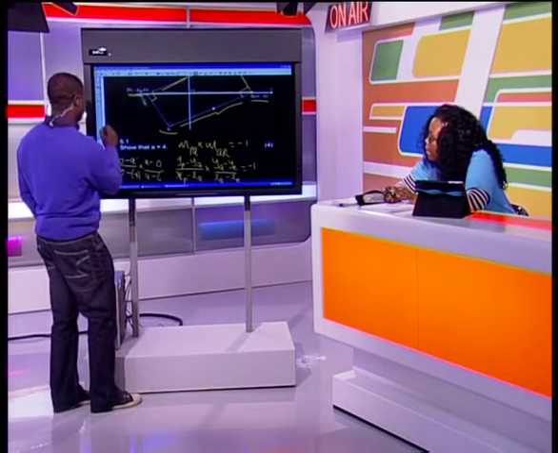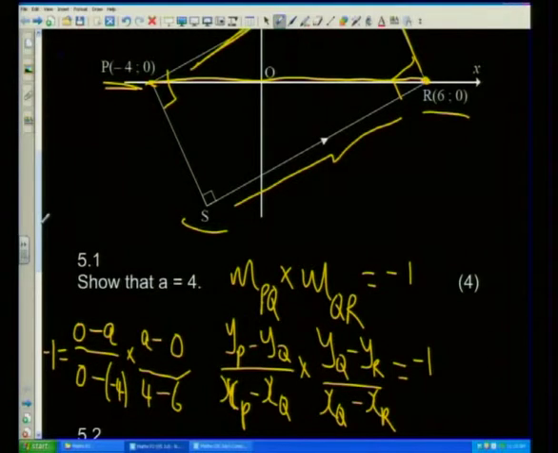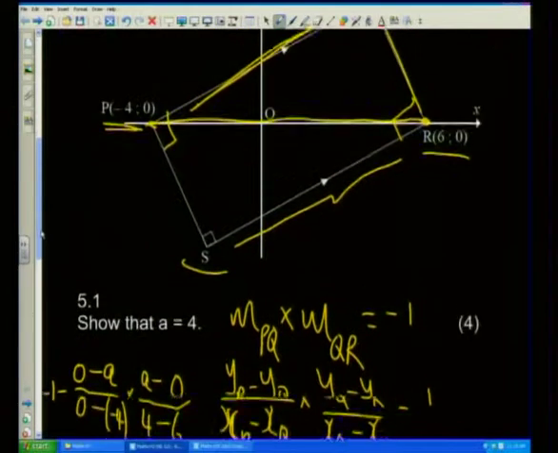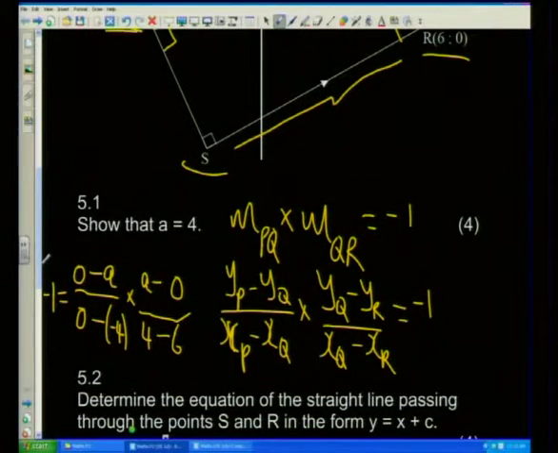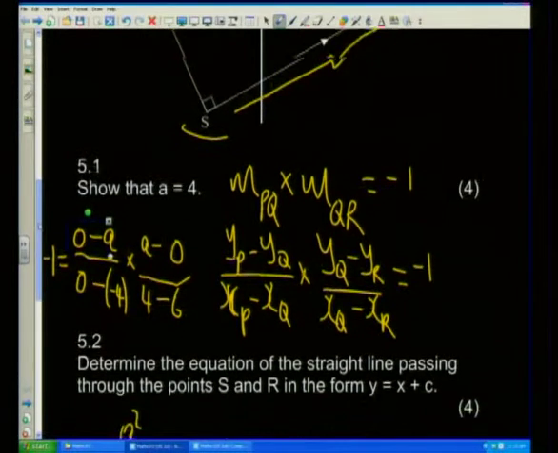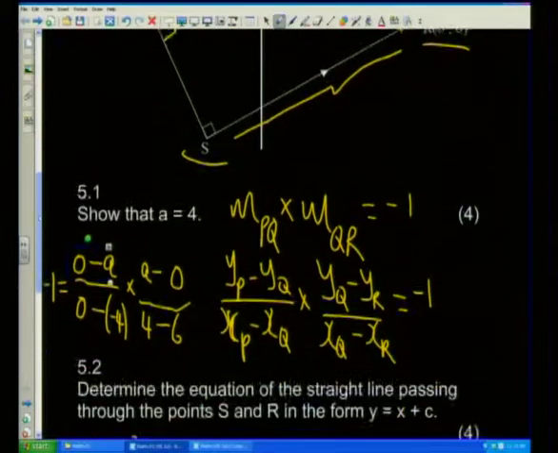For PQ, let me see if I substituted correctly. At P, our Y is 0. And I did put 0 there. And at Q, our Y is A. I put A for that. So it's YP minus YQ, and I divided by the X at P. X at P is actually minus 4.